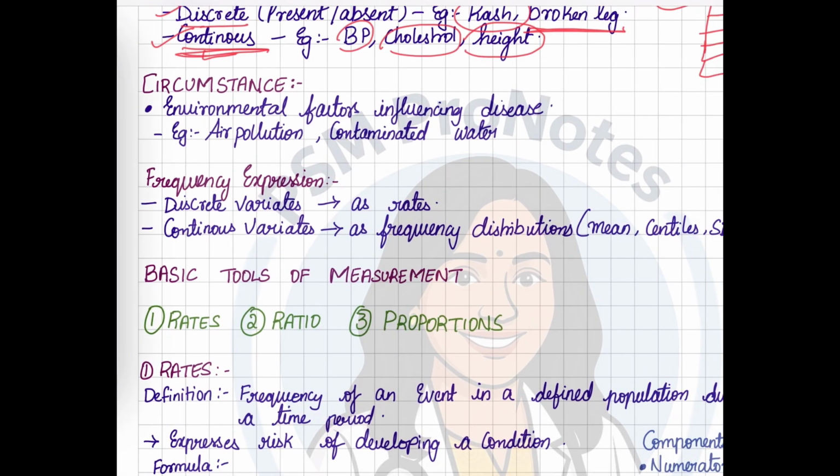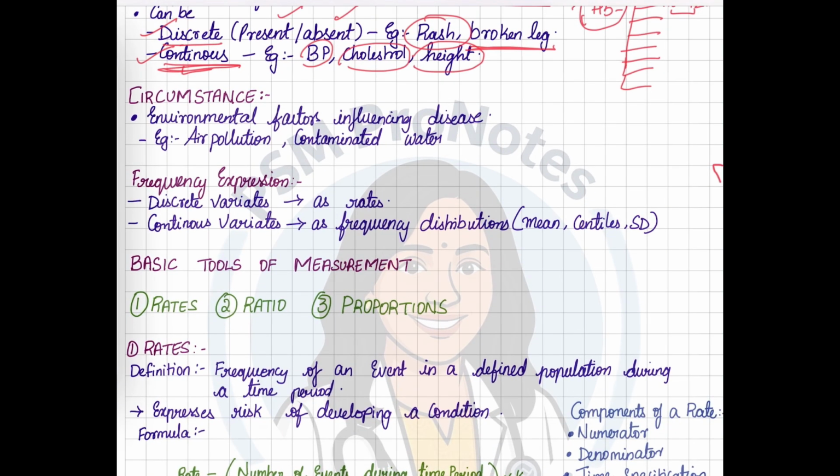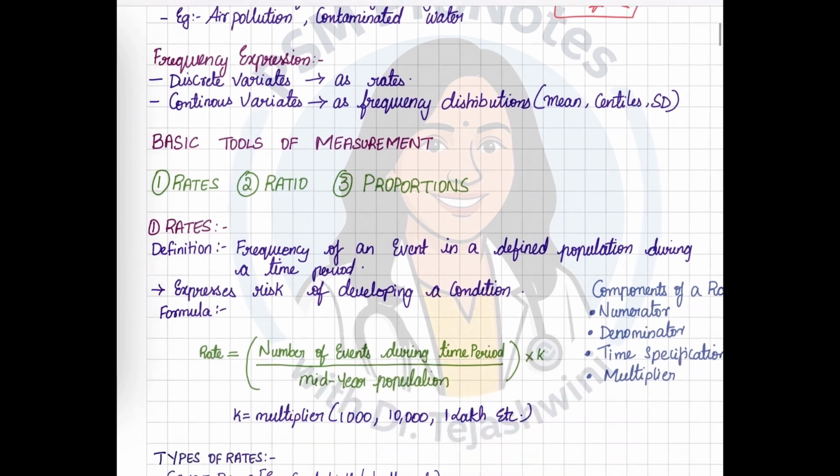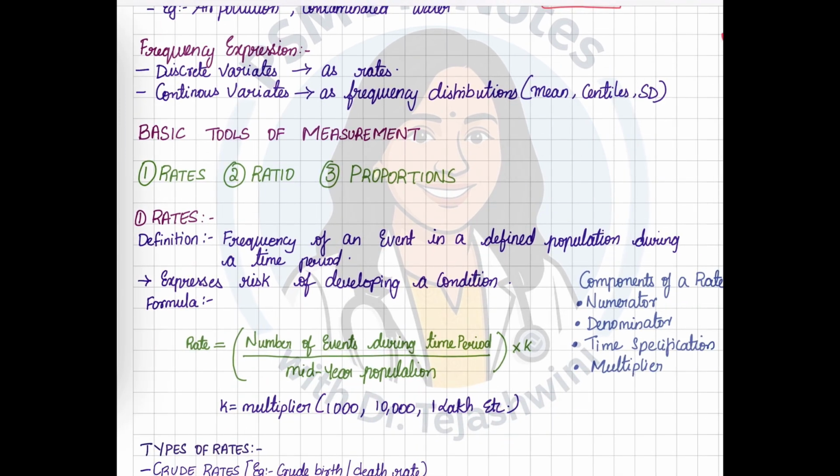Next, circumstance. Circumstance is the environmental factors influencing the disease. We are living in an environment and we get some disease. Suppose asthma. What are the environmental factors causing the disease? This is called circumstance. Next, frequency of expression. We see discrete variates and continuous variates, and how this data is expressed. Discrete variates are expressed as rates, and continuous variates as frequency distribution, mean, centile, or standard deviation.